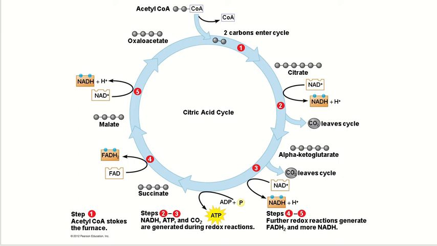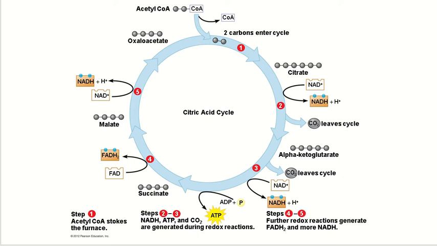Now, throughout this cycle, it is important for you to take note that the TCA, or the tricarboxylic acid cycle, is a successive oxidative decarboxylation reaction. Why is it a successive oxidative reaction?